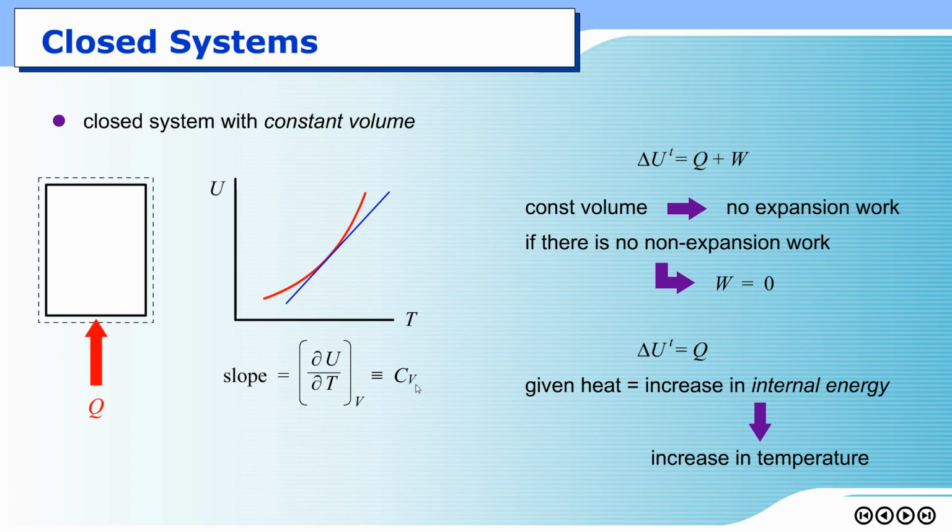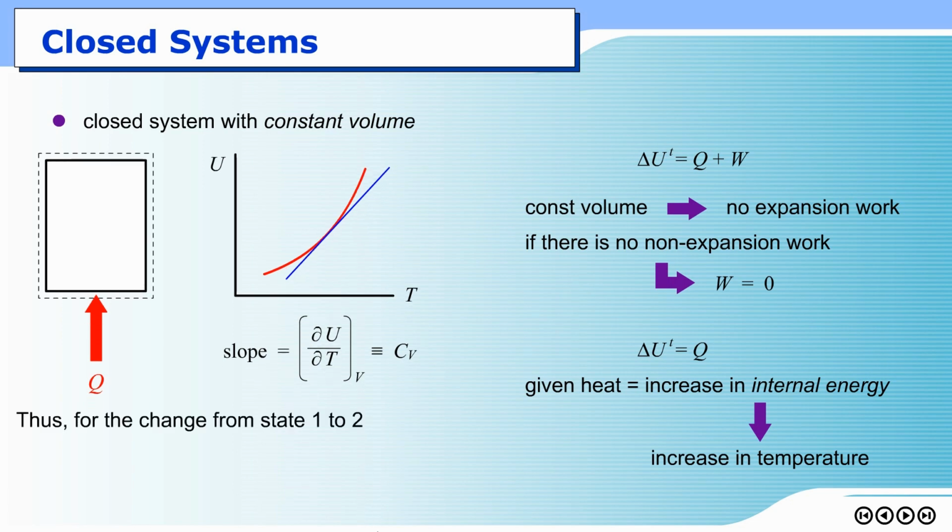The V here as a subscript tells you that the whole change is taking place under constant volume condition. We also put V here as a subscript, just as a reminder that the whole differential was taken under constant volume.